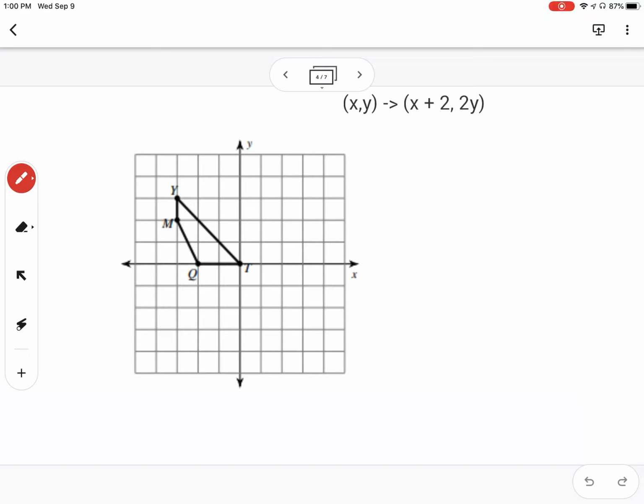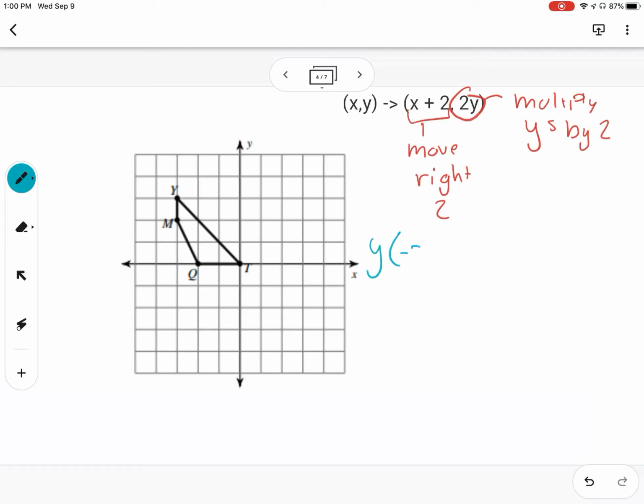So first what we see is I have an x plus 2. That means I'm going to move right 2. The 2y means I'm going to multiply the y's by 2. All right? So what we can do here is take each point, we're going to write down all our points. So y, m, q, and t.